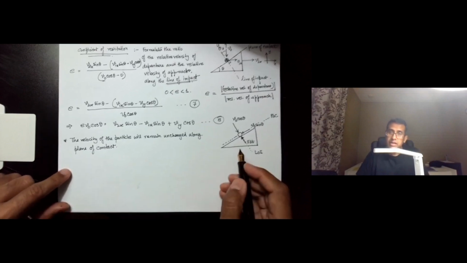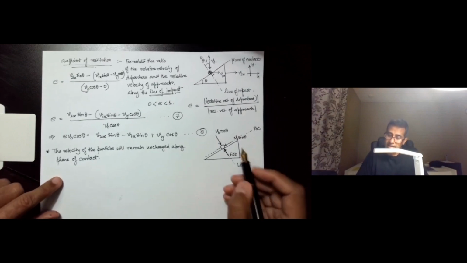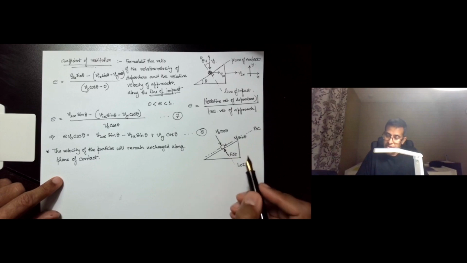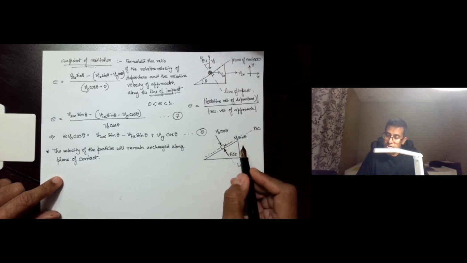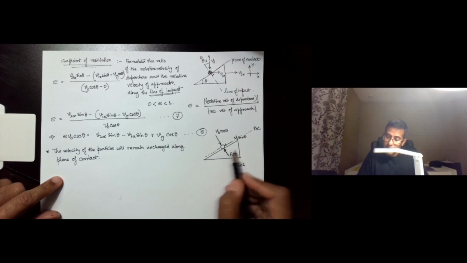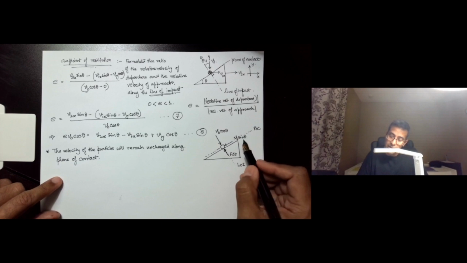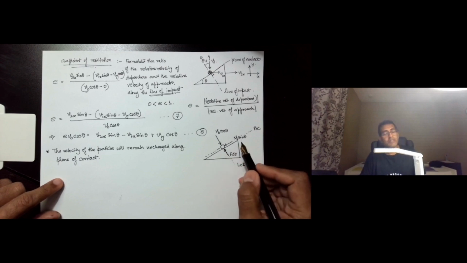So the reason I'm mentioning that is that this logic applies to the plane. For the inclined plane, we cannot say that there is going to be zero change in velocity along the plane of contact.